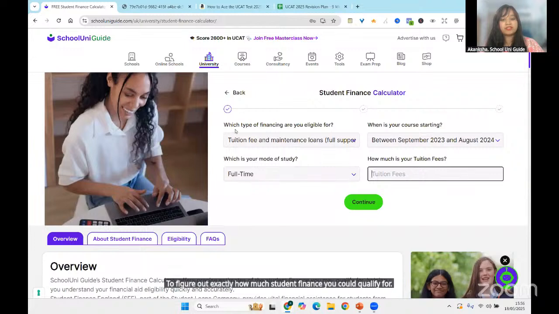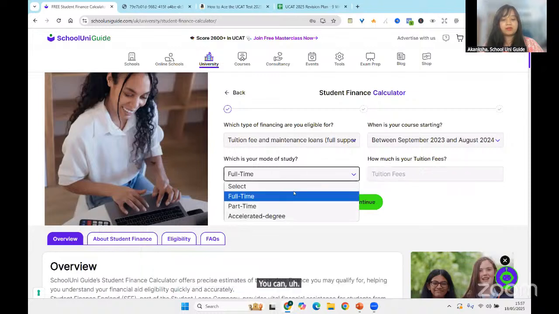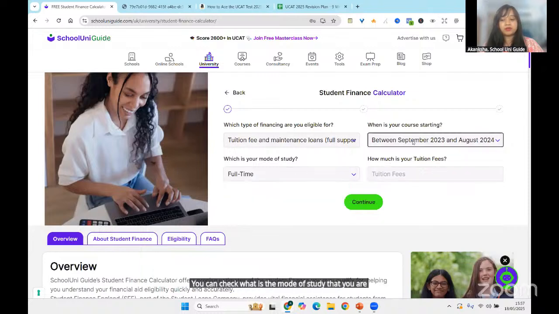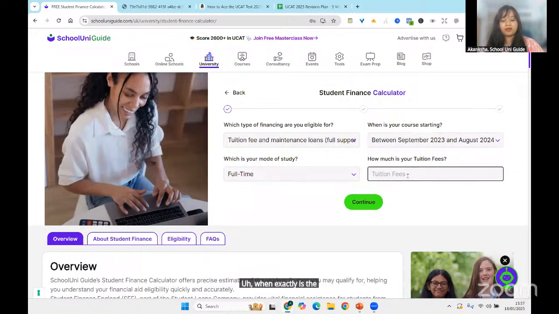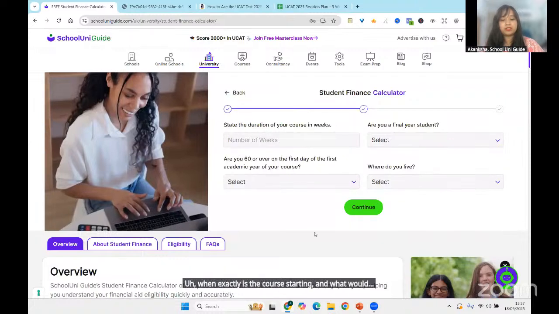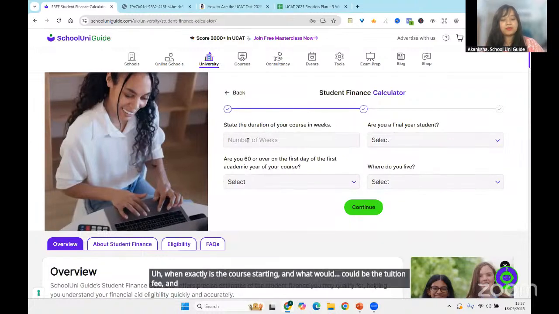So here, for example, you can mention what type of financing you're eligible for. You can check what is the mode of study that you are looking to undertake, when exactly the course is starting, and what the tuition fee could be. And we would also be taking into consideration how long the course would be.